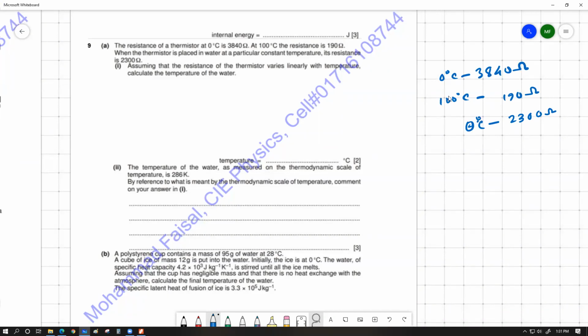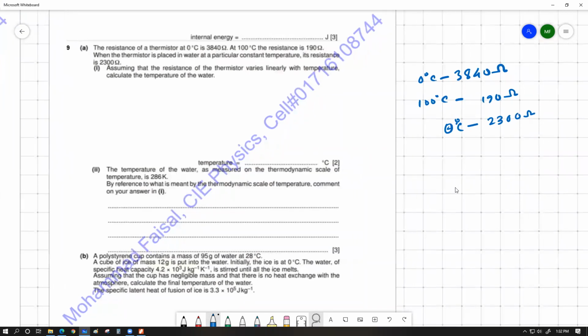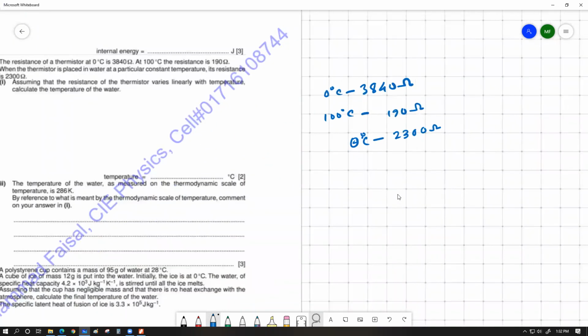These are unknown. The equation of thermometry dictates that any amount of change of temperature, delta theta, should be directly proportional to the relevant amount of change of the thermometric property, which in this case is the resistance of the thermistor.